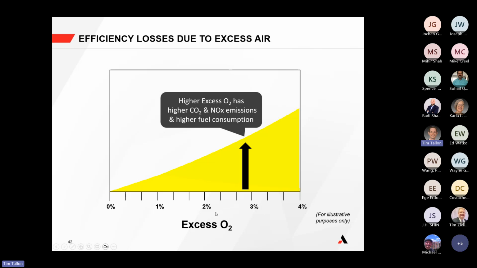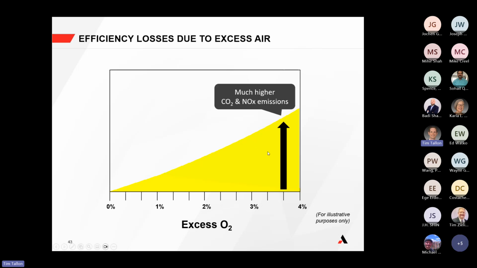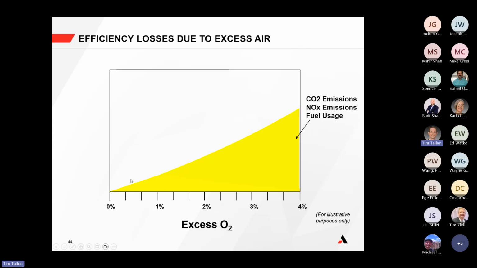As you have more and more excess oxygen, you also generate more and more carbon dioxide and more NOx, and even higher fuel consumption. If you go even further, you have even much higher CO2 and NOx emissions. So this correlation of excess air and excess oxygen also represents an increasing amount of carbon dioxide emissions, an increasing amount of NOx emissions, and an increasing amount of fuel that you're using at the burner.